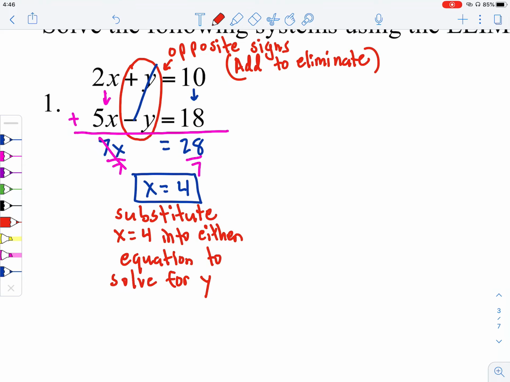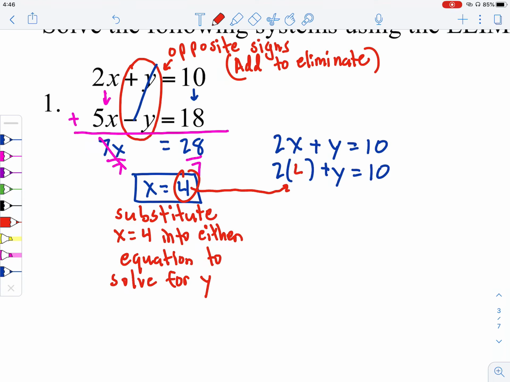So either one. So let's use the first one. It's all positive numbers. All right, so we're going to use 2x plus y equals 10. So we're just going to substitute 4. We're going to put our 4 in for x. So 2 times 4, 8, plus y equals 10.